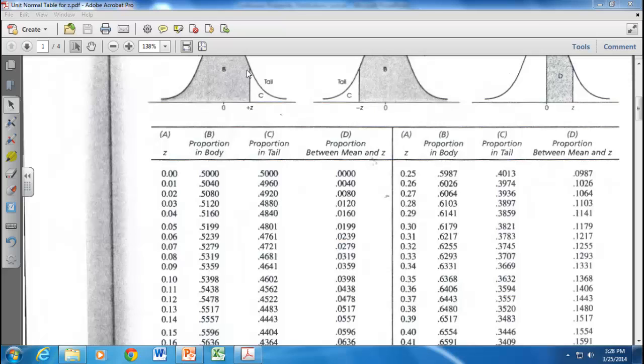It says B, that's the larger section of the graph. So if you were looking for a score that had this z-score or lower, you'd be looking in the body. Whereas if you were looking for the proportion of scores with this z-score or higher, you'd be looking in the tail or the smaller part of the graph. Then if you're interested in the mean to z, meaning that I want to know the proportion of scores between the mean and this specific score, then you would go to column D and look for mean to z.